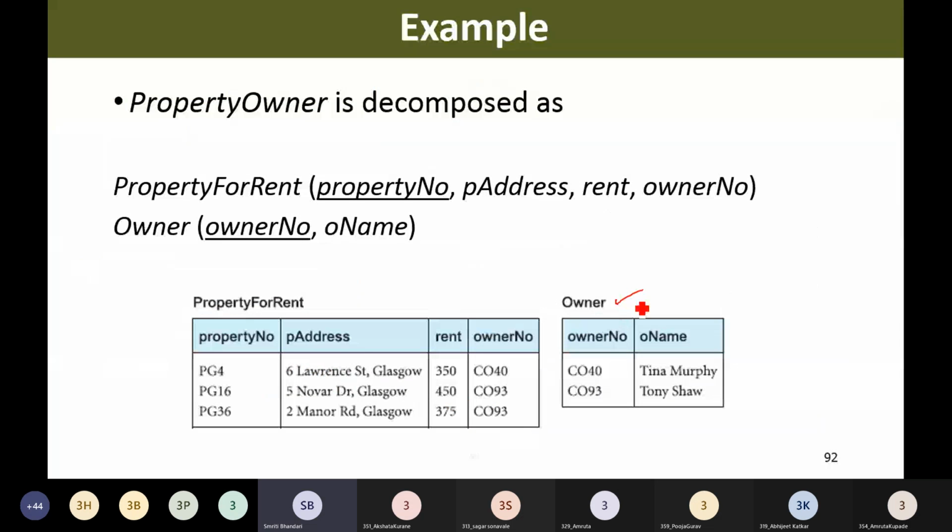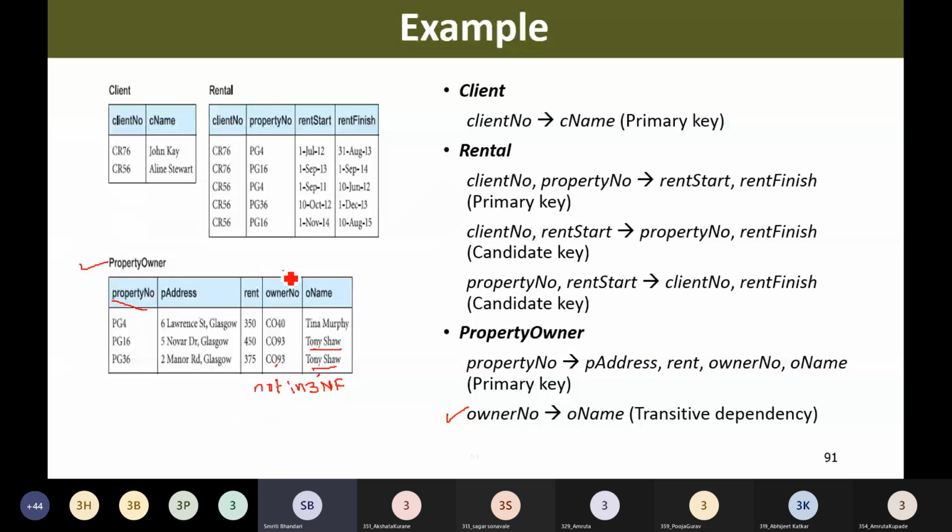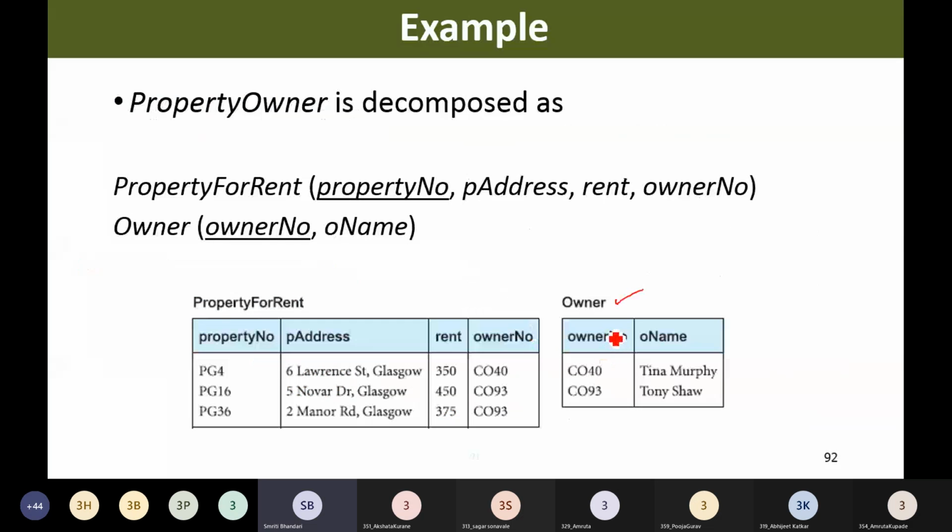So I'll be having a separate table owner with two attributes, owner number and owner name. Right? What else? Now, I have used these two attributes from my original relation in 2NF. Now, whichever attributes are remained, these three attributes, and now this primary key of this new relation. What is the primary key of this relation? Owner number. Right? So, the remaining attributes along with this owner number will form one more table, one more relation.